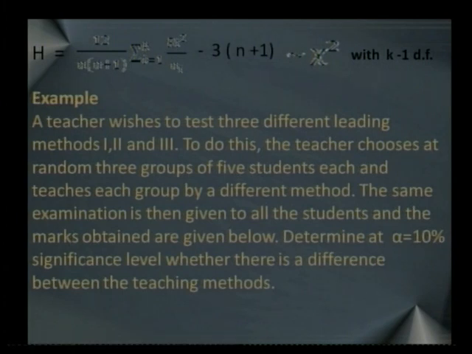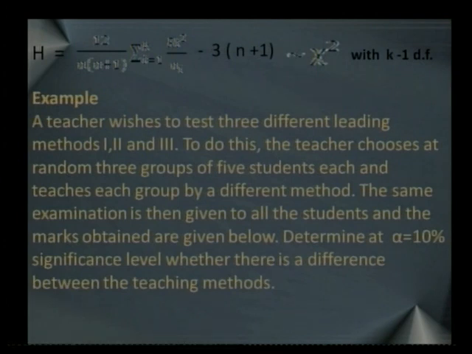Here one example is there, to show how to calculate the Kruskal-Wallis or H test. A teacher wishes to test three different teaching methods: first, second and third. To do this, the teacher chooses at random three groups of 5 students each and teaches each group by a different method.